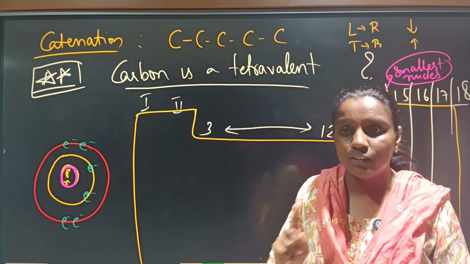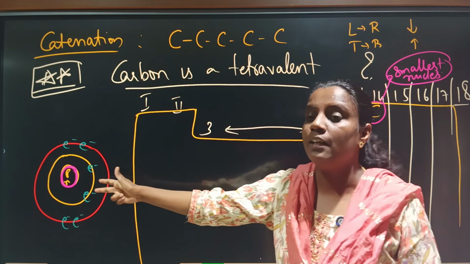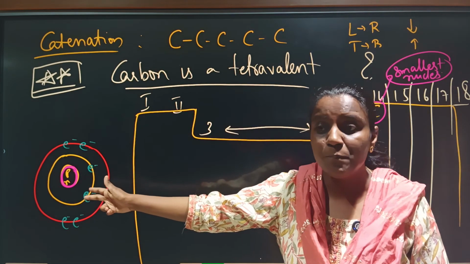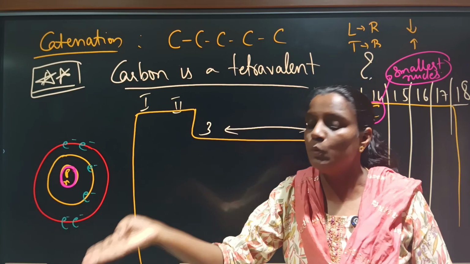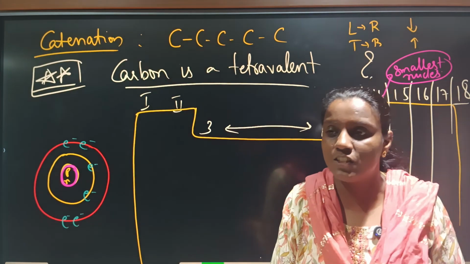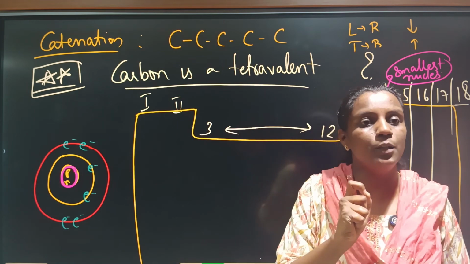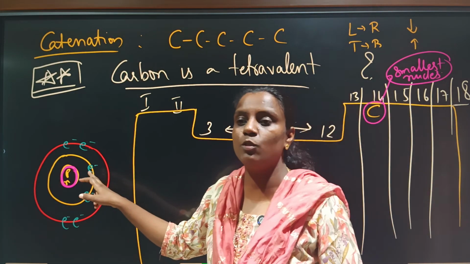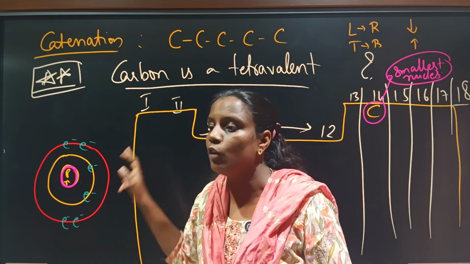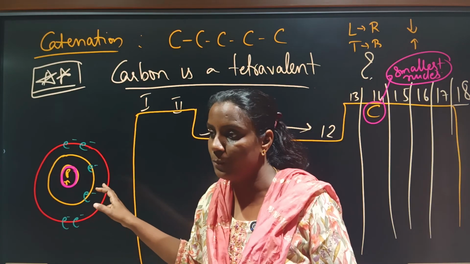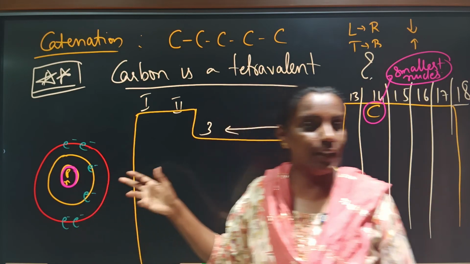So the main property of this is tetravalency. It means that 4 valency, it cannot lose or gain, only it can share. Understood? So based on that property only, carbon is going to form covalent compounds. Understood? Fine.